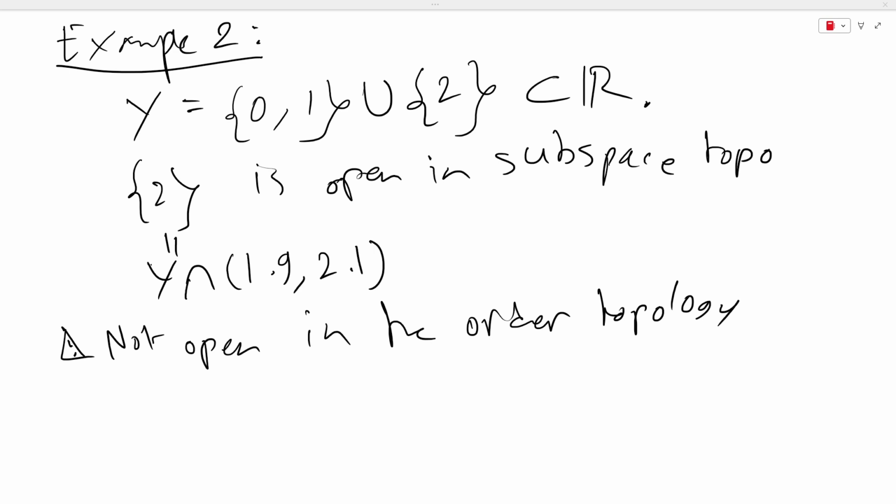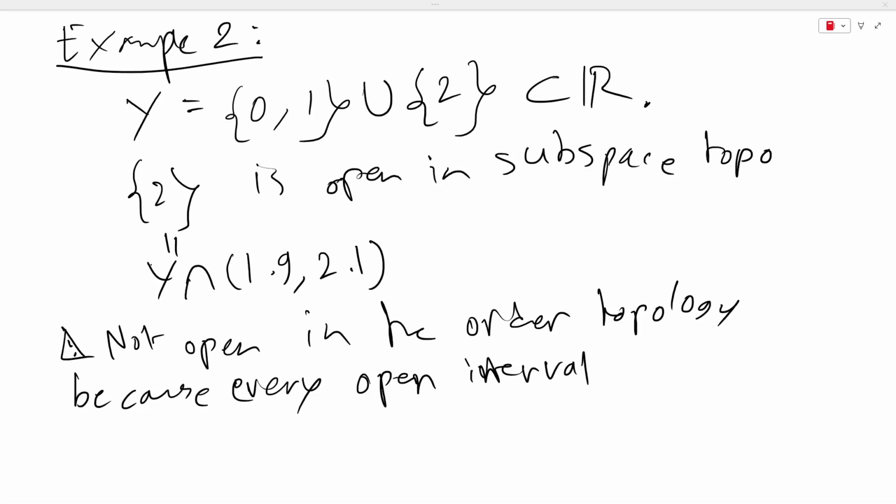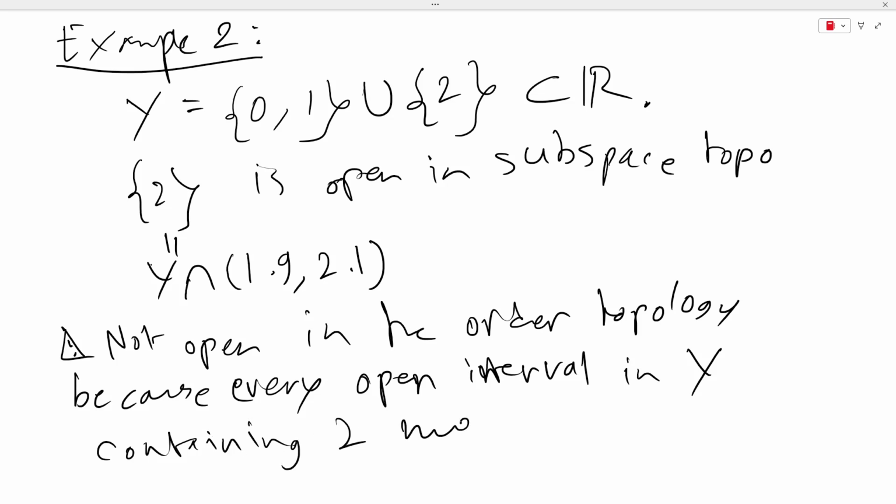This is not open in the order topology because every open interval in Y containing 2 must also contain points less than 2, right?